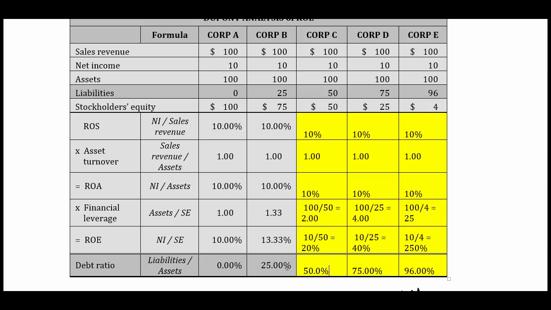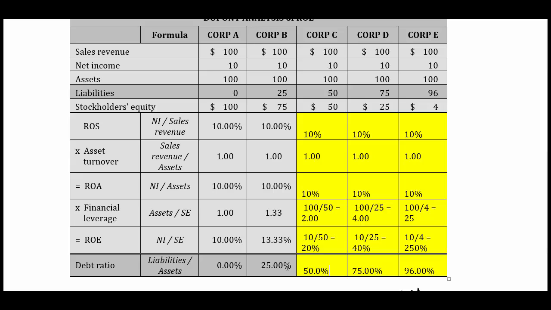Now, a famous economist says there's no such thing as a free lunch. Right? So if there's no such thing as a free lunch, what's to lose? The interest payment. But this takes into account that they all have the same amount of income. If you have a higher interest payment, okay, now I'm going to pull out the heavy artillery. You have higher interest payments, but you have less dividends.